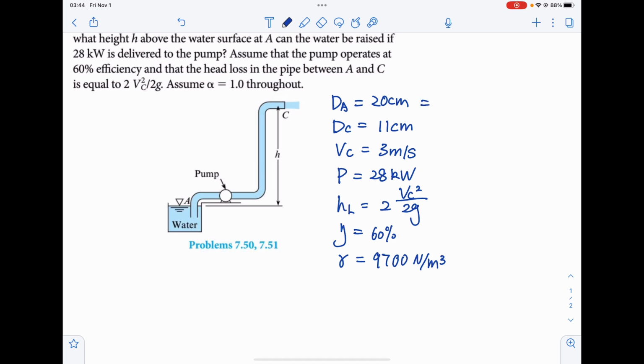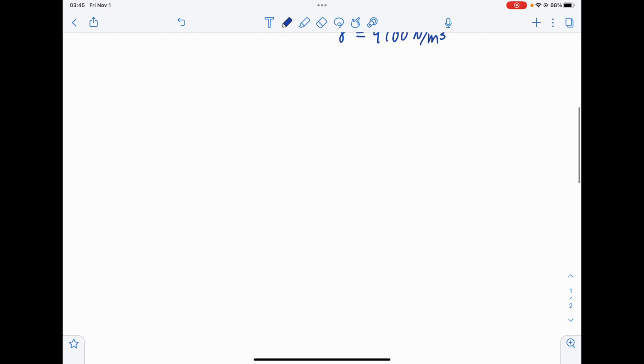So for this problem, we're gonna use the energy equation to find the relation between the point A and the point C first. So PA over gamma plus VA squared over 2G plus ZA.